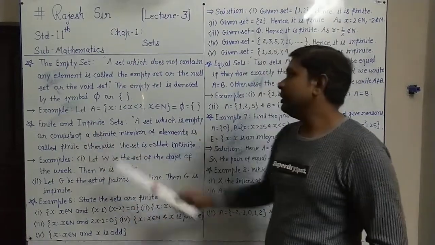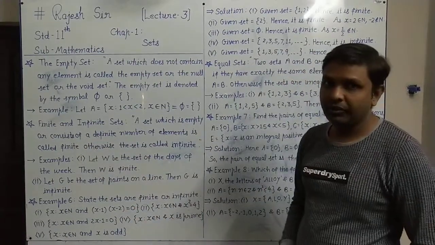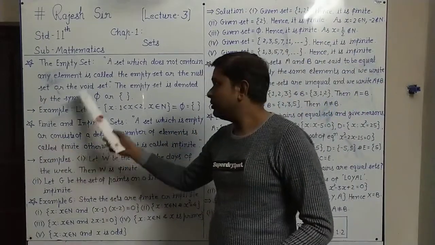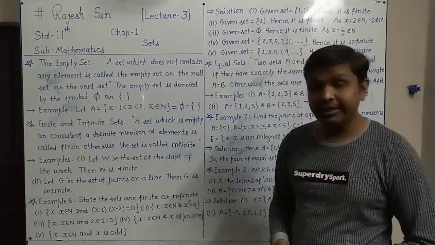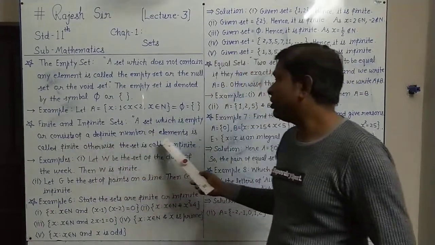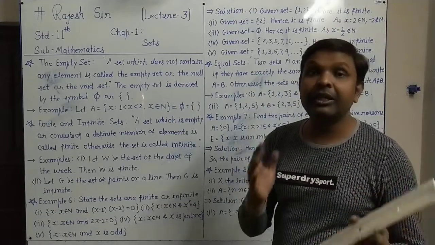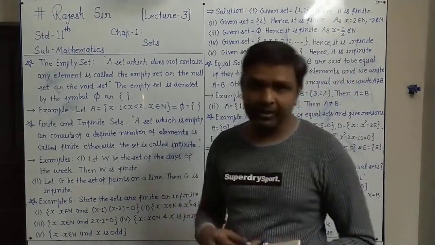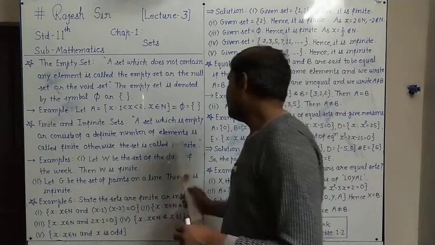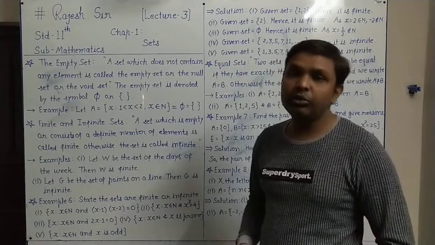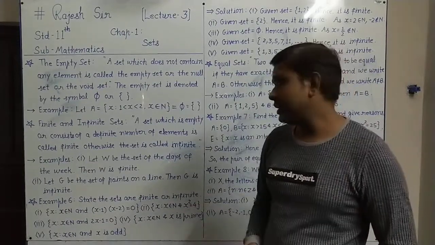Next is finite and infinite sets. The definition: a set which is empty or consists of a definite number of elements is called finite. So the empty set is also a finite set. If it contains a definite number of elements, you can count them.